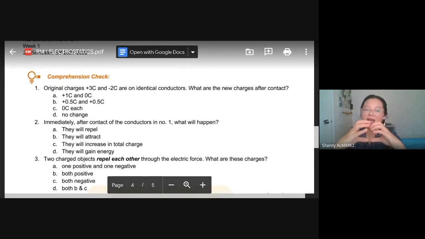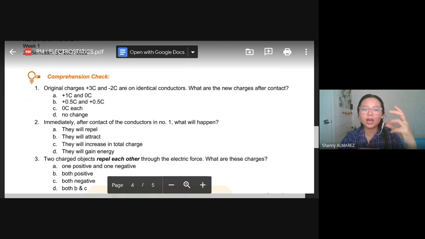So, ilan sila? As 1, they have a net charge of ilan ang value? Is it negative or positive? Okay, positive 1.